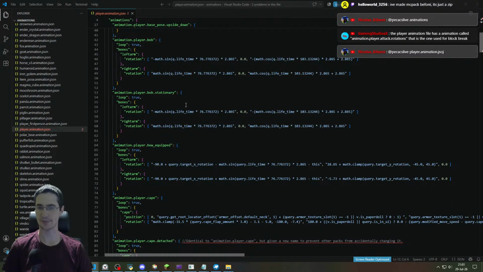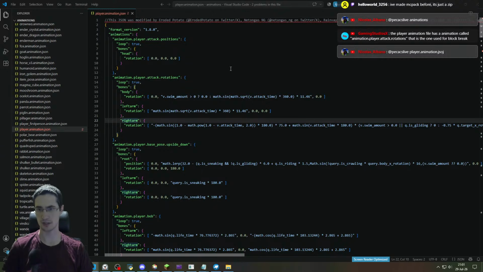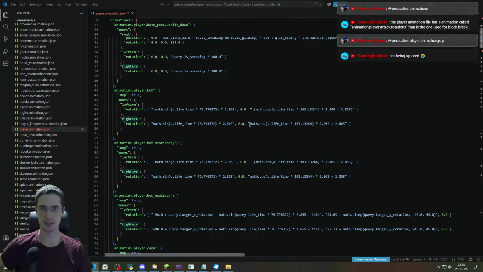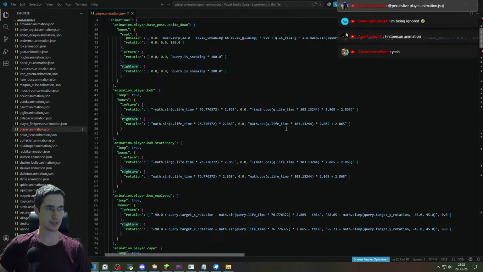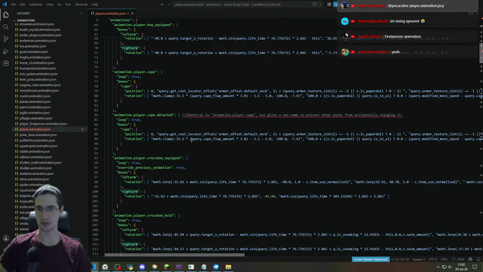Here we can search for right arm. But it looks the same. Player Bob. Oh, the player Bob is different. Here there is a sine and cosine. And they're ignoring the y. I do the head bob with the x and y axis. I don't use the z axis. So that's interesting. First person animation. Okay, I'll look at first person animation, but let me look at these ones.